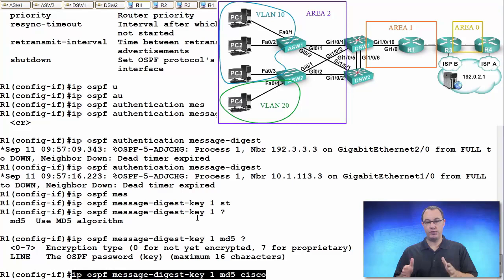But because they're in two different modes, one in interface mode, one in router configuration mode for OSPF, it gets very confusing. So I want you to be armed with the knowledge that authentication can be enabled in two different places. The key still exists at the interface level, but authentication can also be enabled in router configuration mode, and make sure that you're cognizant of that when troubleshooting OSPF authentication.